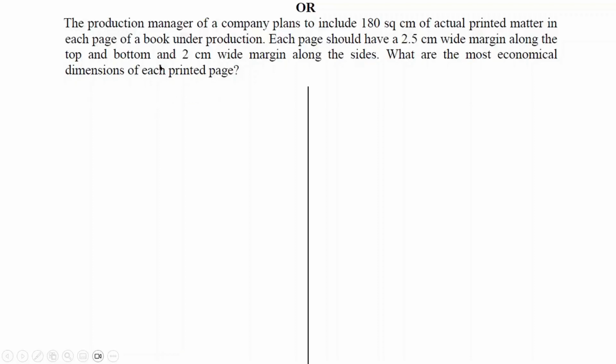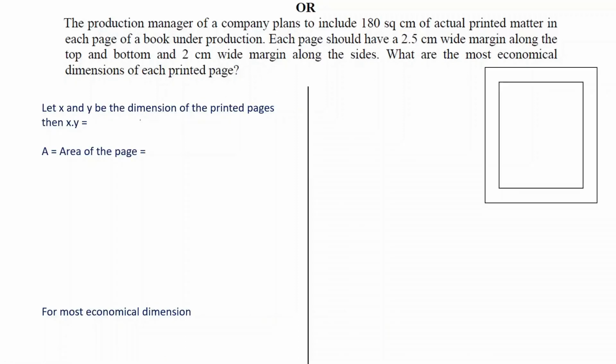So here we can see that the production manager plans to include 180 square centimeter of actual printed matter. So the area of the printed matter should be 180 square centimeter, and then each page should have a 2.5 centimeter wide margin along top and bottom and 2 centimeter wide margin along the sides. We have to find the most economical dimensions of each printed page.